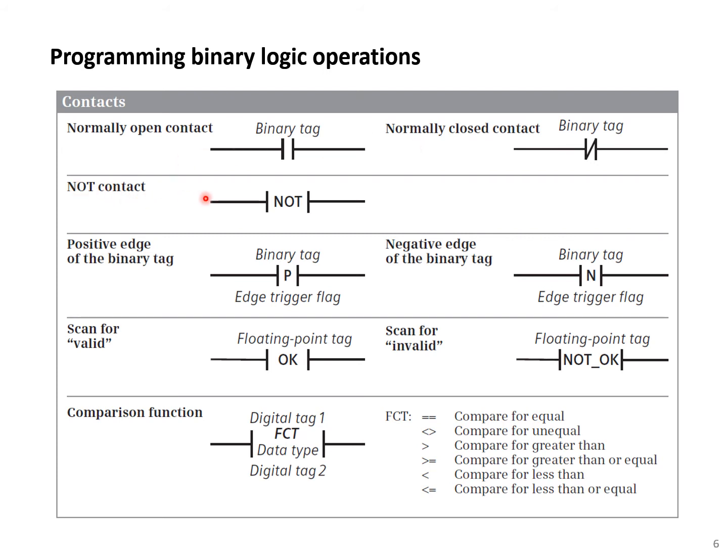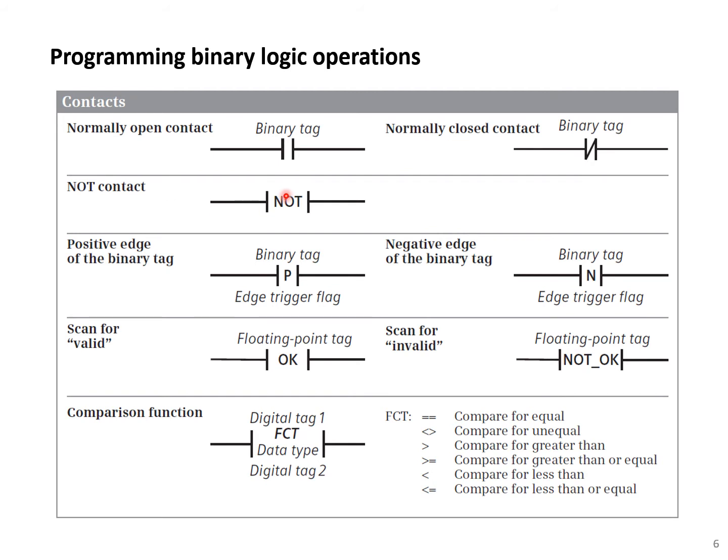We have a NOT contact. Whatever the input to this contact is, for example true, then the output will be false. And if the input is false, the output is true.